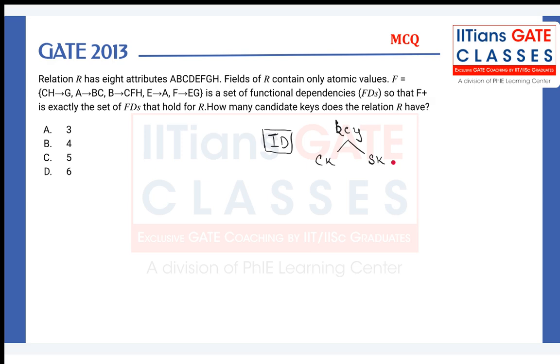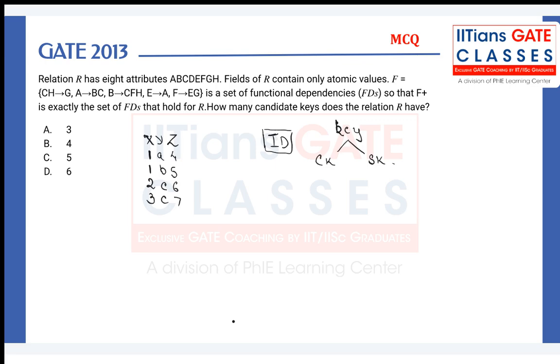So if I give you another example, let's take a table like this: X, Y, Z. Let me write here X: 1, 1, 2, 3. Y: A, B, C, C, and Z is 4, 5, 6, 7.